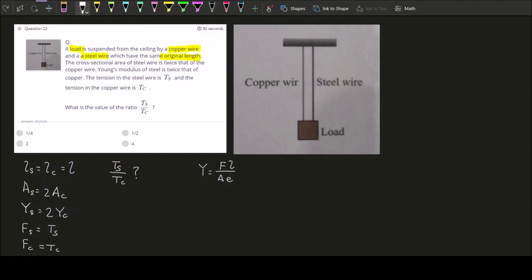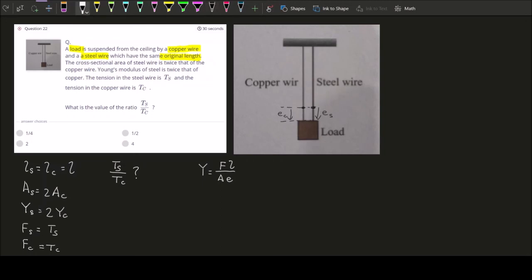With this equation, the one piece of information missing is the elongation. But we can safely assume the elongation is equal, because they start at the same original length and elongate by the same amount. So the elongation for the copper will be the same as for the steel.